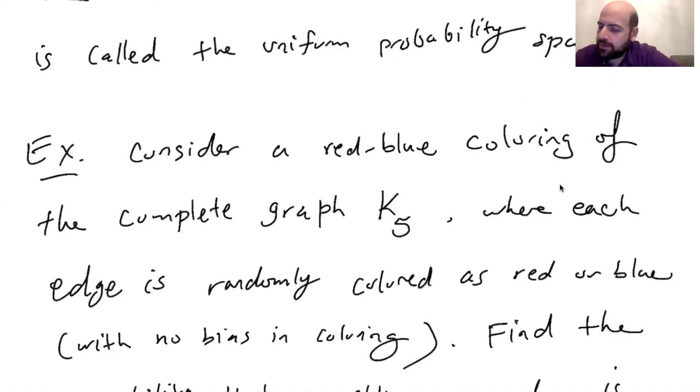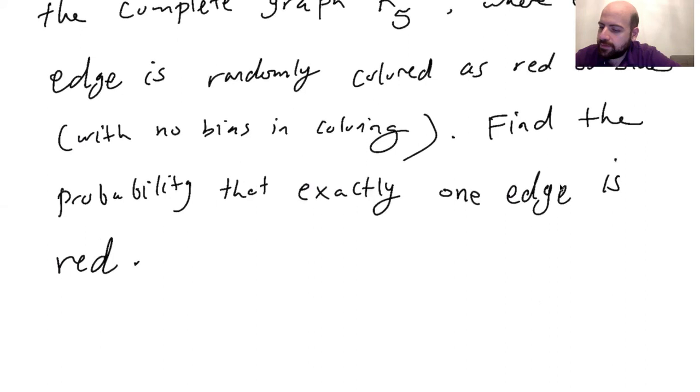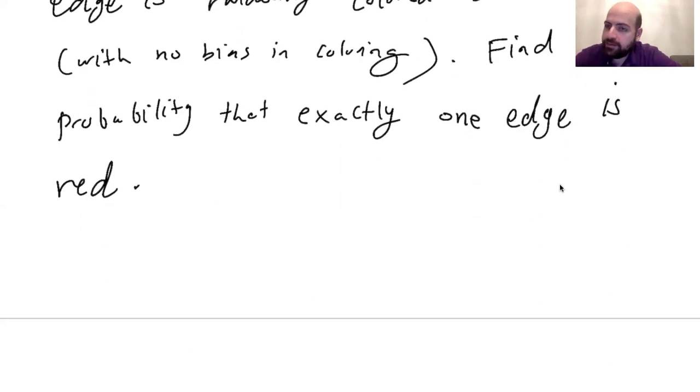Okay, so what is omega here now? When we color the edges, we have K5, with vertices 1, 2, 3, 4, 5, and then we randomly color this.